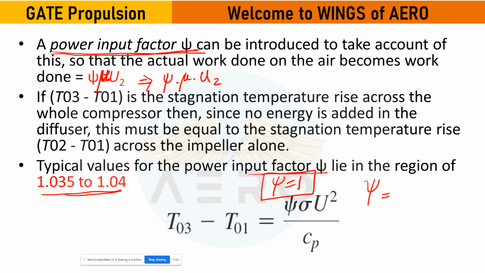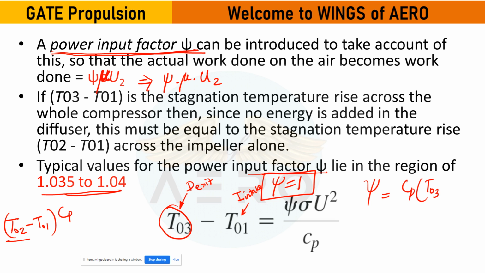That is the power input factor, that is Cp T naught 3 minus T naught 1. Here 3 defines the diffuser exit, and 1 is the impeller intake. Clear? Or if you have confusion, you can directly write T02 minus T01 itself. No problem, either is alright.